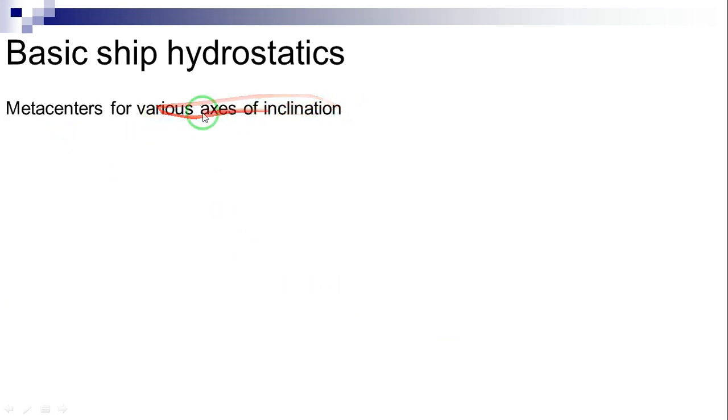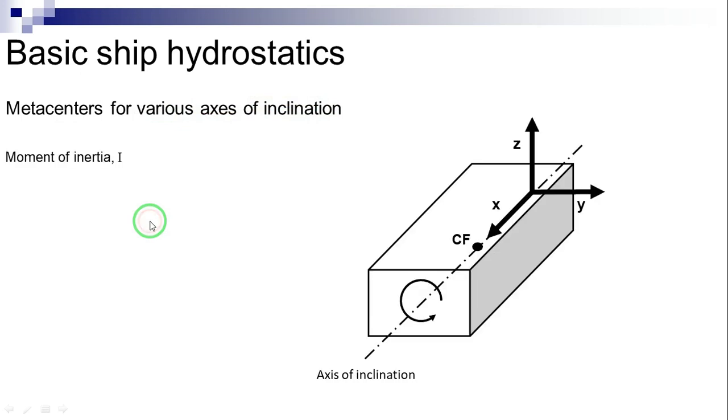Metacenters for various axes of inclination. The moment of inertia I is calculated about the axis of inclination. This axis passes through the centroid F, the center of flotation of the water plane, and so does any other axis of inclination.